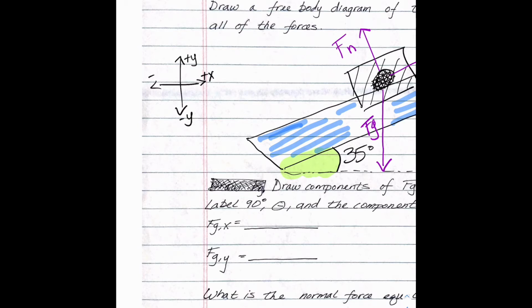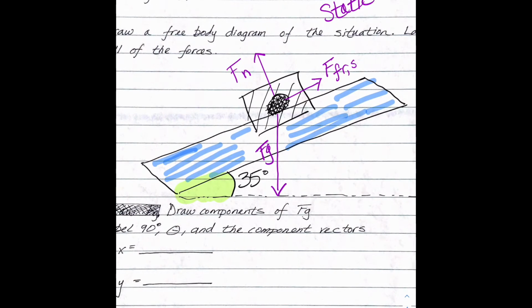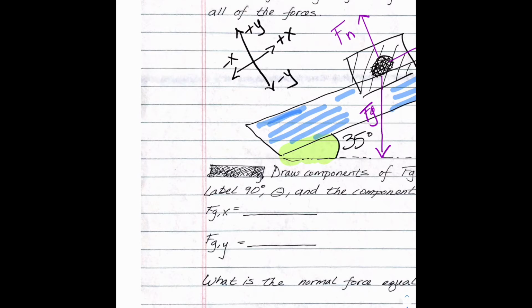And so instead of resolving these two into components, Fn and force friction static, we actually just change the one on the bottom, Fg, because what we'll do with our axis is we'll tilt it so it looks like this. So now the positive y direction is actually agreeing with normal. And negative y points like this. And positive x will point up the incline. Negative x will point down the incline. So we just took the normal axis system and tilted it. So I'm going to erase that. We don't need that anymore. And we're going to use this new one.